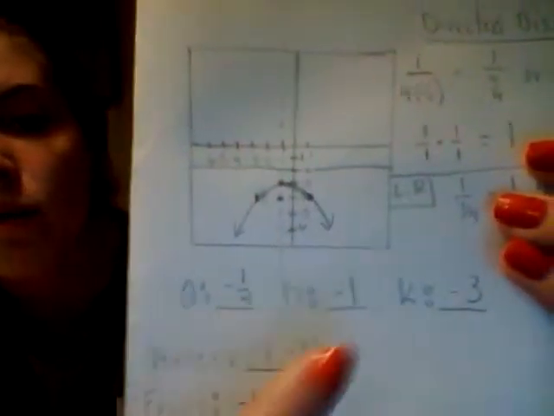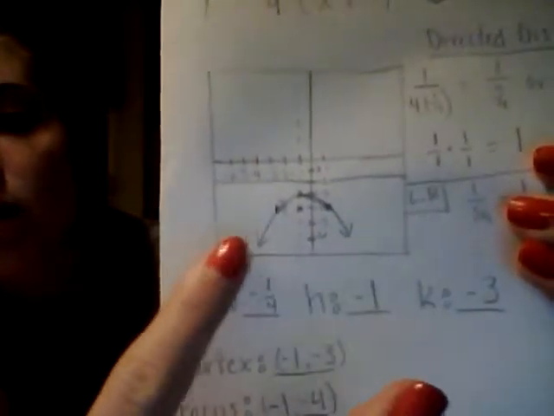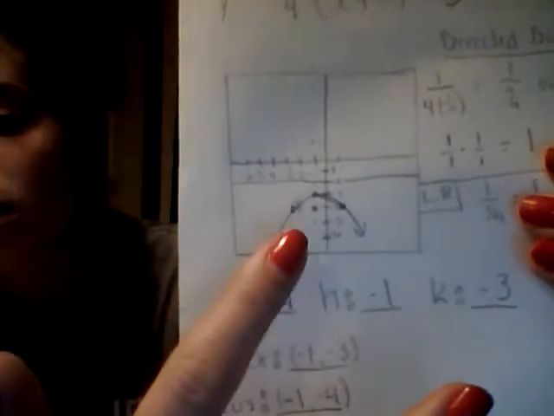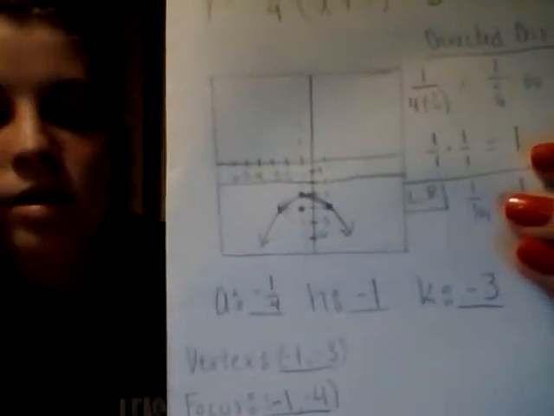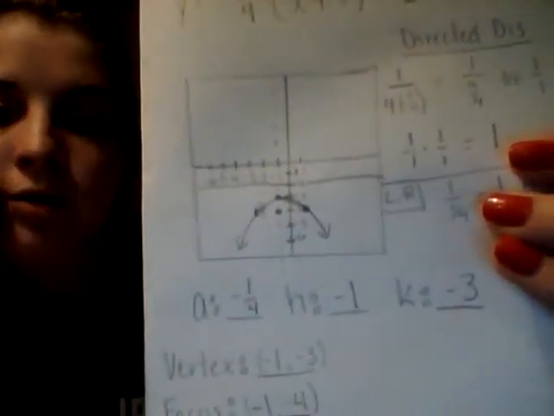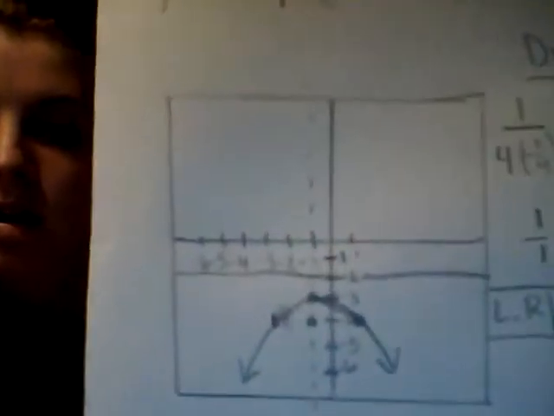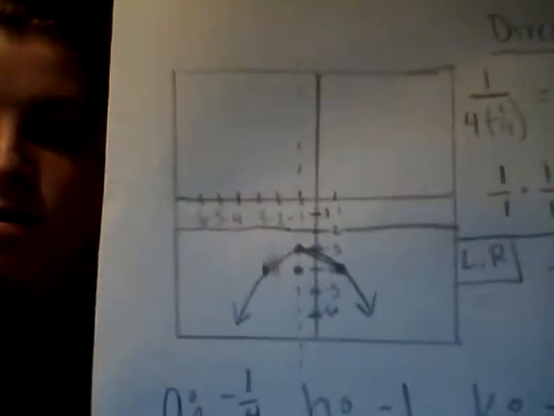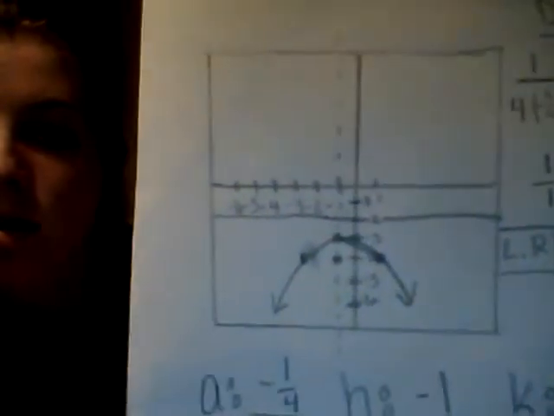Since the whole thing is going to be 4, you go 2 to the left and 2 to the right to get your whole value of 4. And then you have to draw your axis of symmetry, which is just going to be straight down the middle. So your axis of symmetry is x equals negative 1, as you can see, the dotted line.